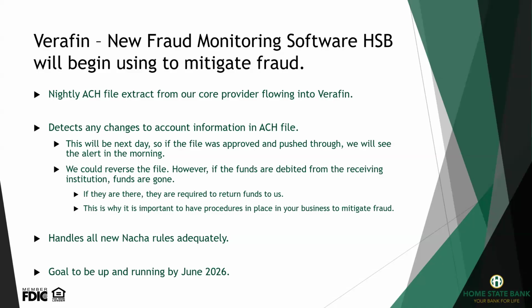But if the funds are gone because that fraudster withdrew them, they are only required to send the amount that they can. So if there's nothing left, there's nothing to send. If, say, it was a $5,000 fraud and there's $200 left, they send back those $200. So that's the hard part about this.